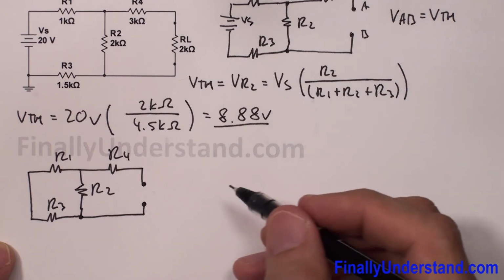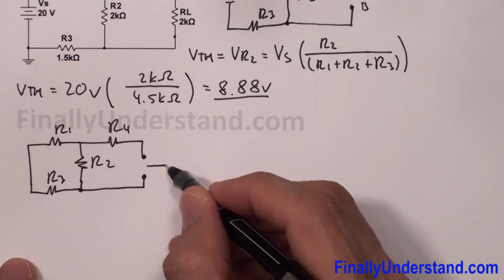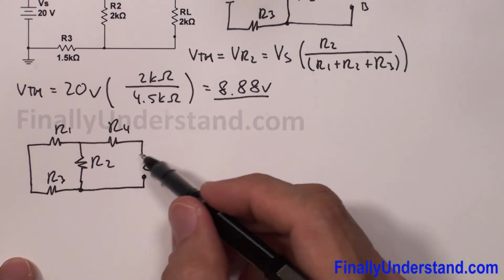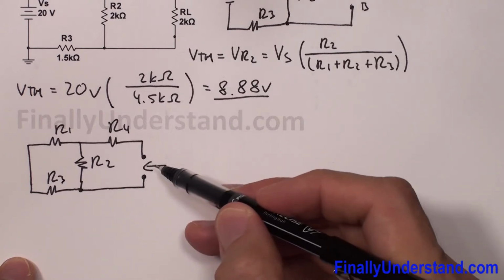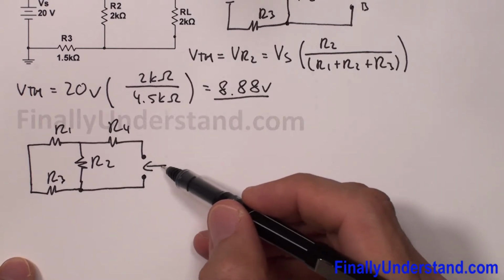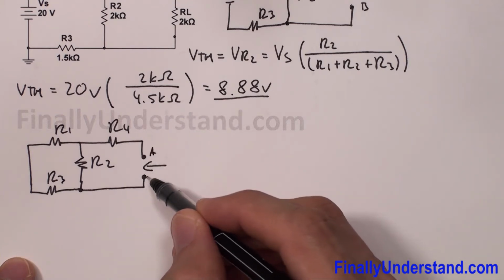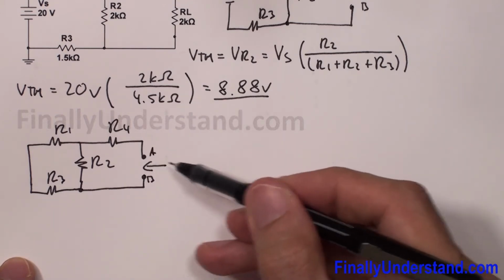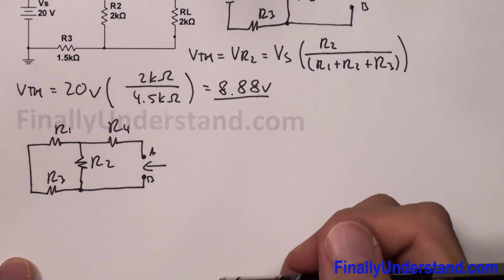Next, in order to find the Thevenin's resistance, we're supposed to find the total resistance of this circuit by calculating the resistance from the points A, B. If you find the total resistance from this side, it is going to be equal to the Thevenin's resistance.